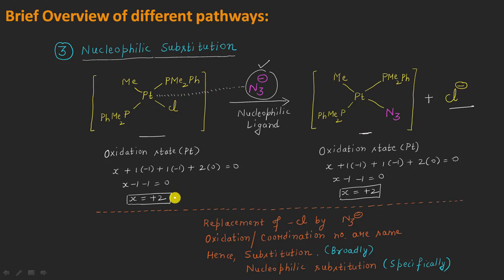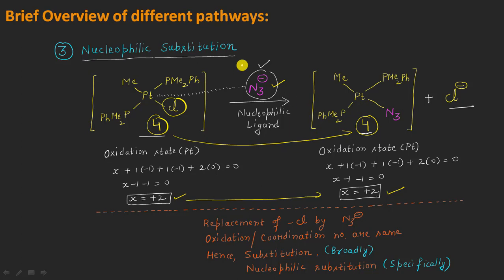And moreover, in this case, the platinum is present in +2 oxidation state, as well as in the final product molecule, it is present in the same +2 oxidation state, right? And moreover, the coordination number here is 4, as well as in this case it is 4, right? So the chloride here has been replaced by the azide molecule, and there is no change in the oxidation state or in the coordination number.